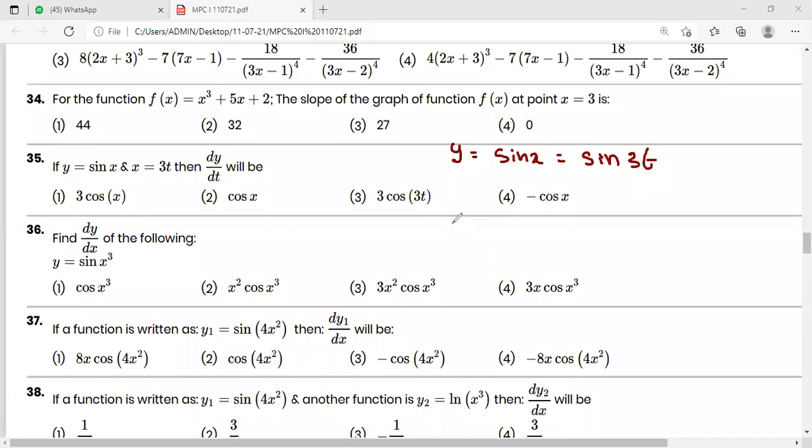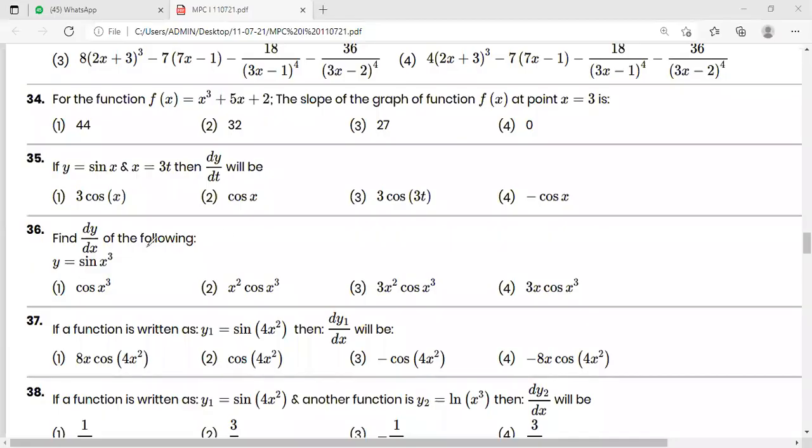And you have to calculate the differentiation with respect to time only. So the derivative for sin 3t will be, the derivative for a sin function will be the cos function into the derivative of the inside function. For 3t the derivative will be 3 only. So finally the answer will be 3 cos 3t.